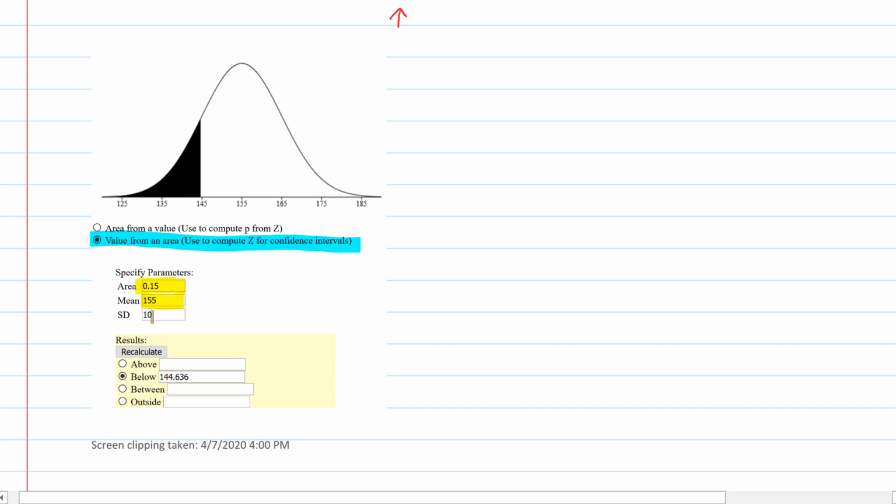Our mean is 155 minutes. Our standard deviation is 10 minutes. And then this gives us our answer. And so we find that the time is equal to 144.636.